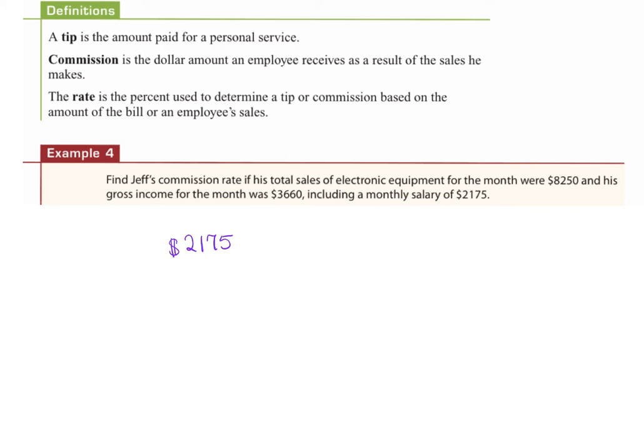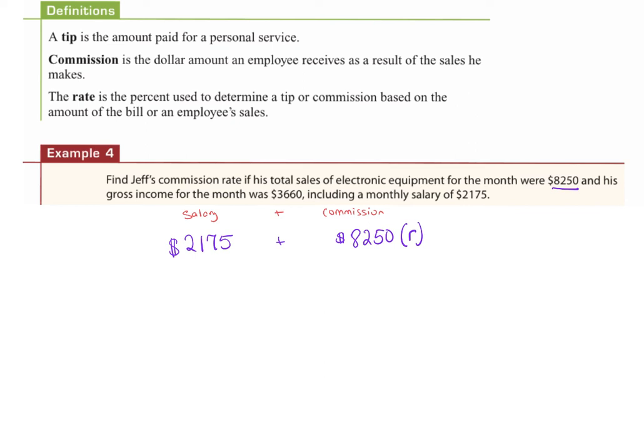So you take your monthly salary and you add your commission. We actually don't know his commission, but we know it is some percentage of what he sold. And we do know what he sold: $8,250. If we take that $8,250 and multiply it by his commission rate, that will be what he got paid in commission.